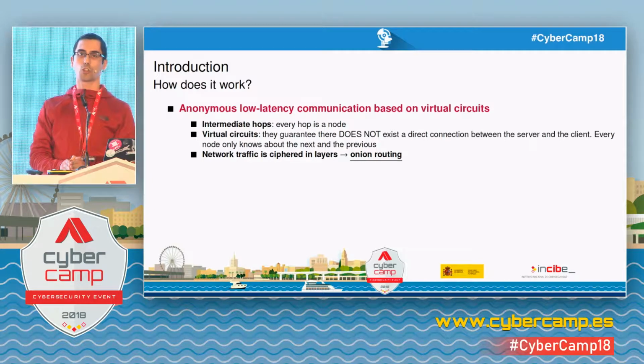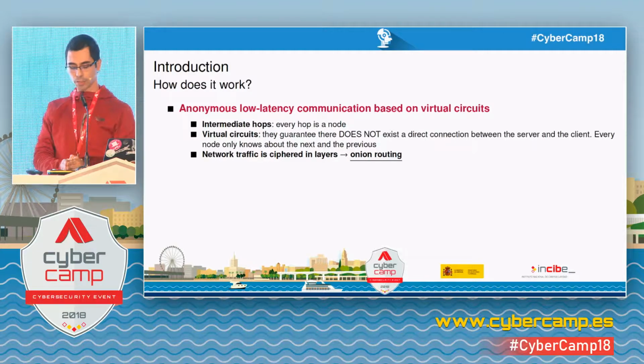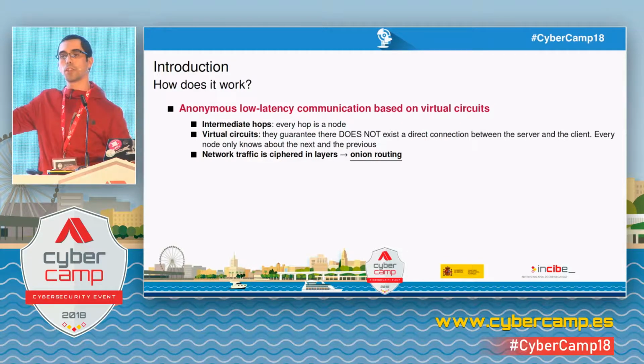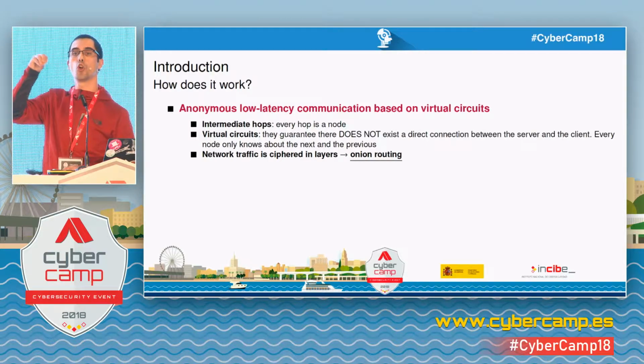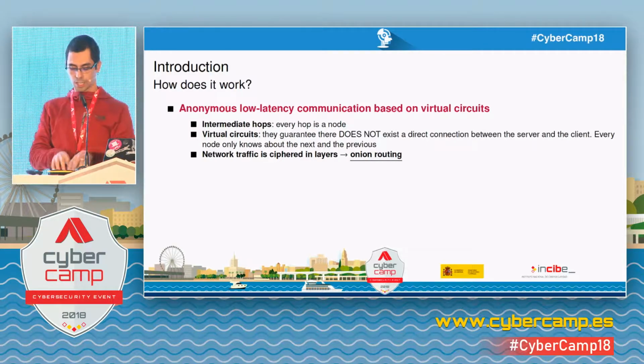How does it work? The Tor network is going to provide us with a communication system based on virtual circuits with low latency and anonymous. The intermediate hop is going to take place through a node. I'm going to create a virtual circuit between different nodes of this network.